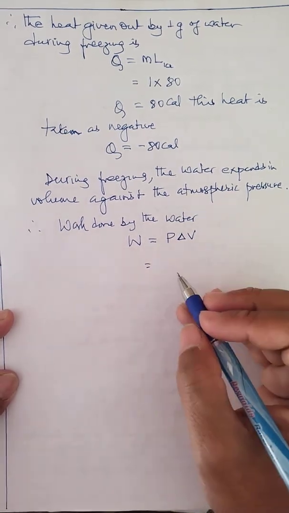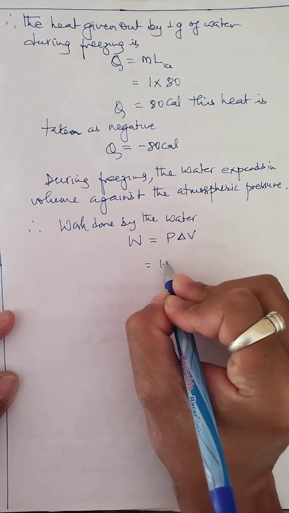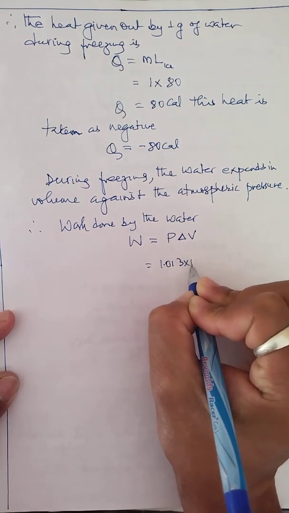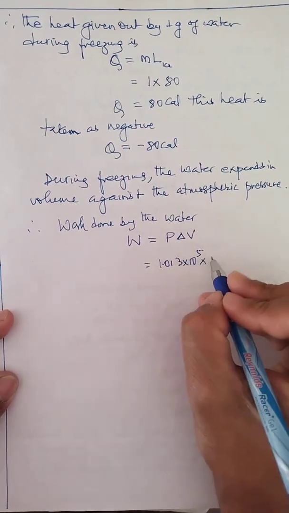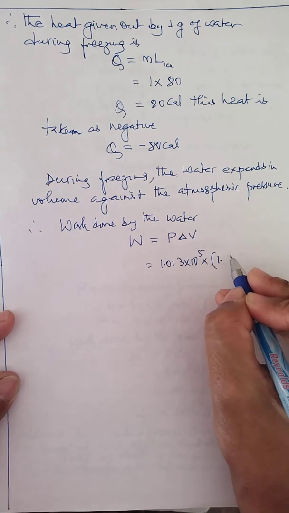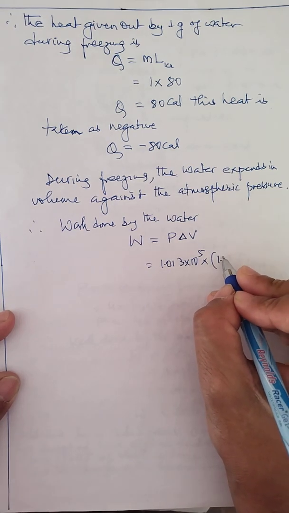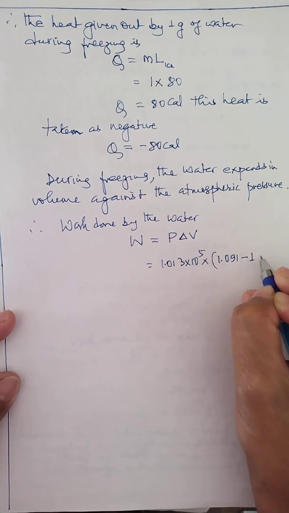So in this case, the pressure is 1.013 times 10 to the power 5 Newton per meter square, and the change in volume means final volume minus initial volume, 1.091 minus 1 centimeter cube.